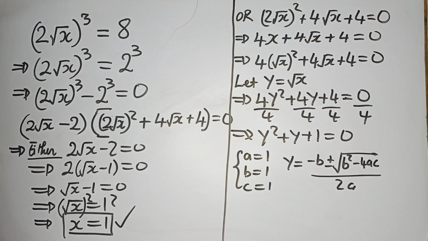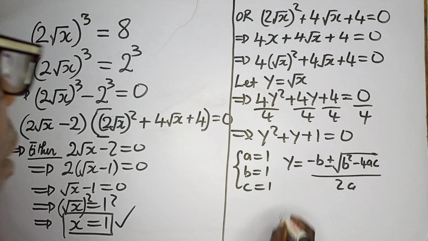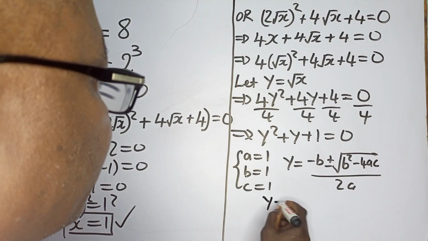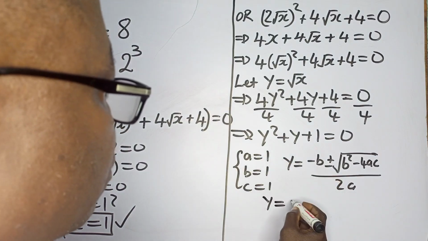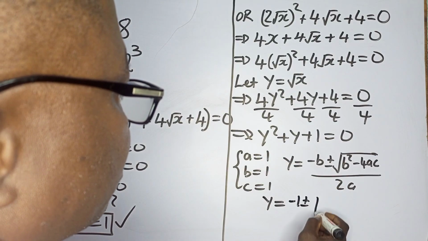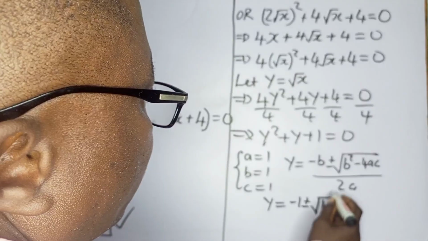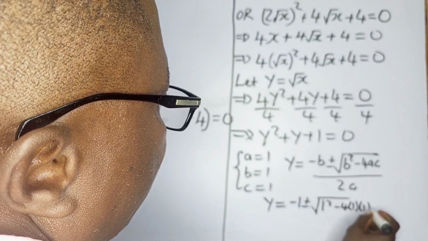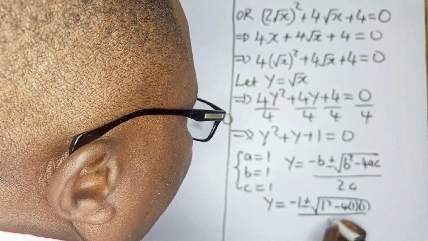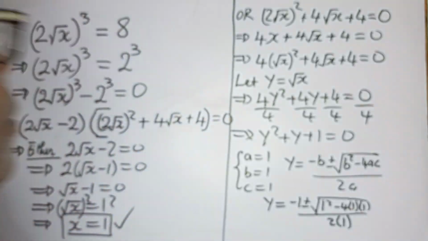Let's put in our a, b, c carefully. Right, so we obtain y is equal to negative 1 plus or minus the root of 1 squared minus 4 into 1 into 1, all over 2 into 1.